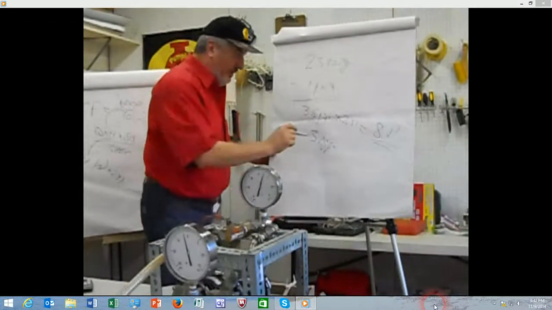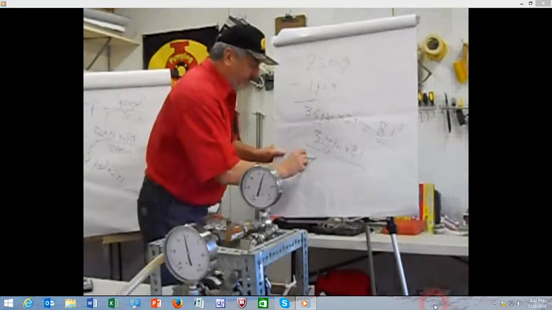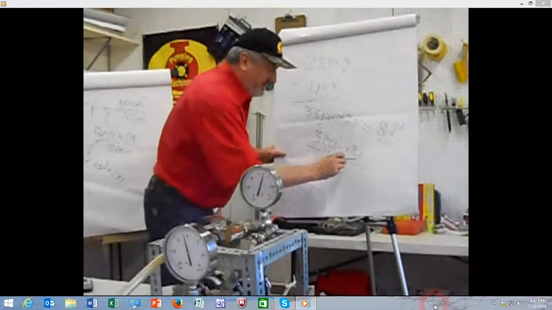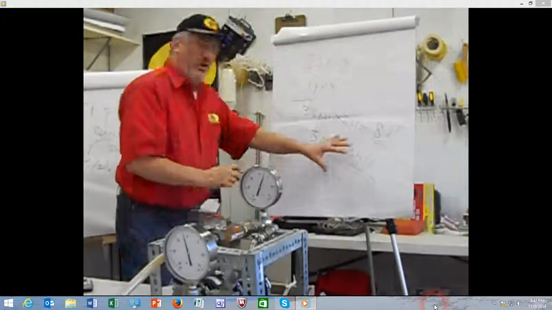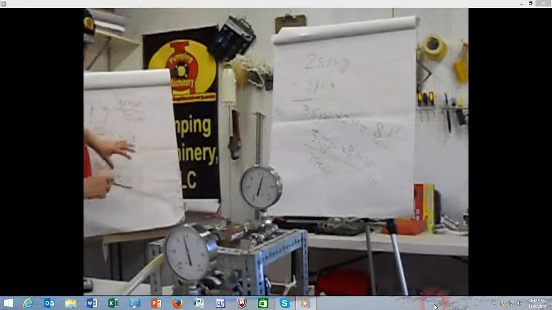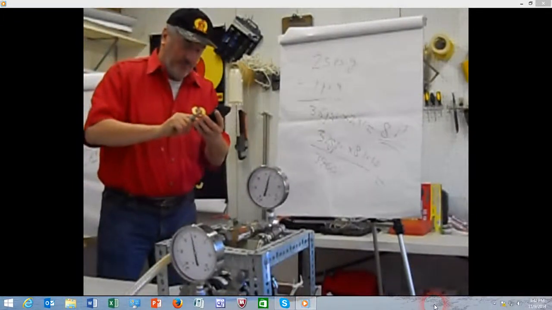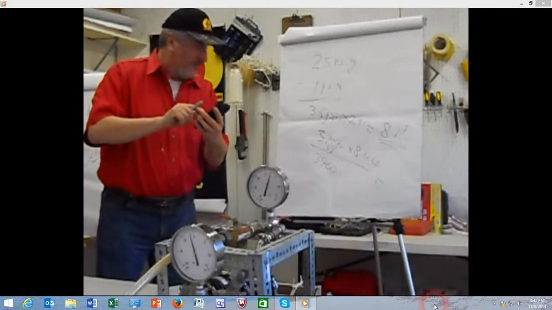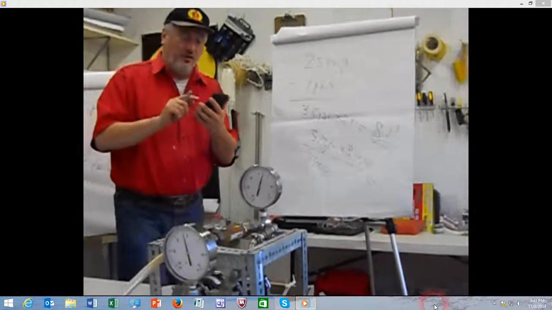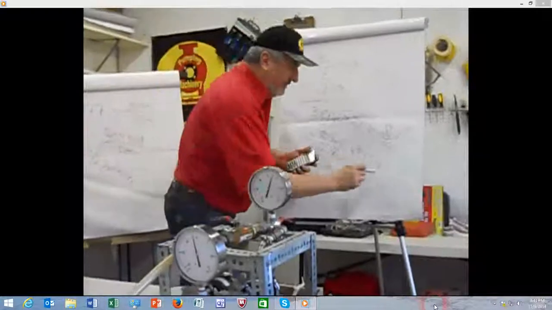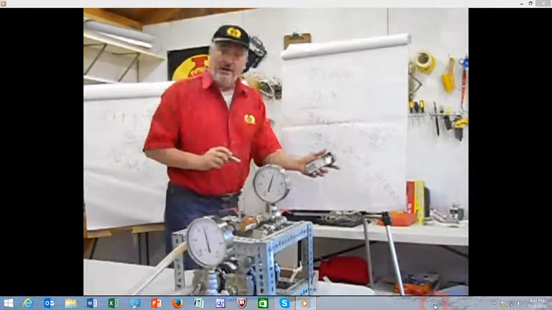So the product of 3.2 times 8.1 divided by 3960 and times specific gravity 1.0 according to the formula ends up being 0.2065 horsepower.